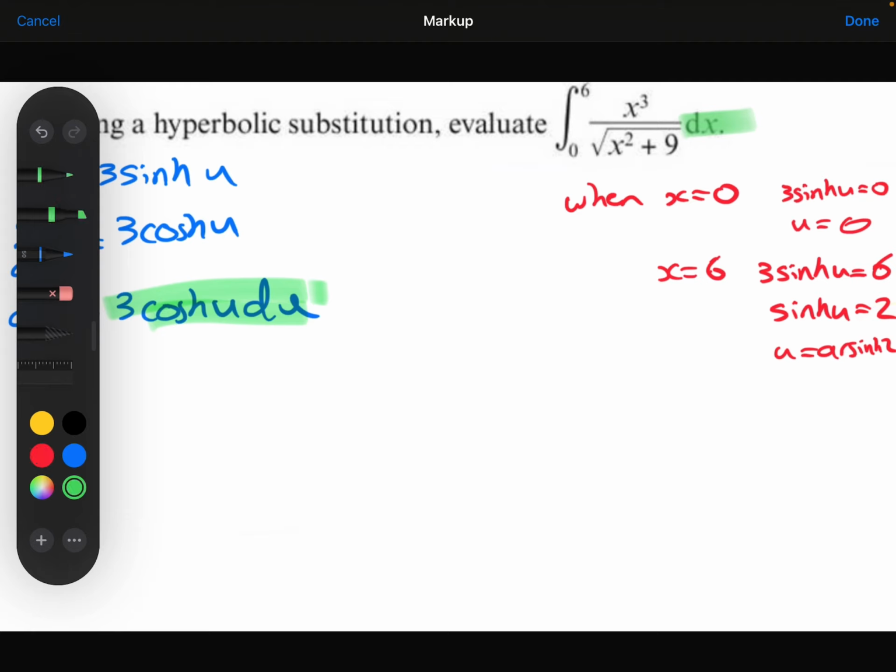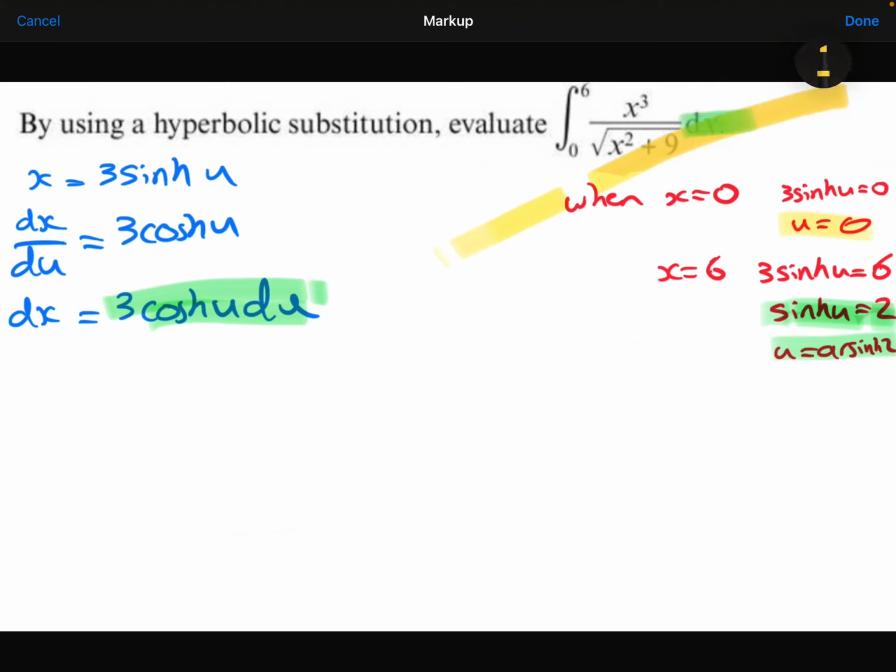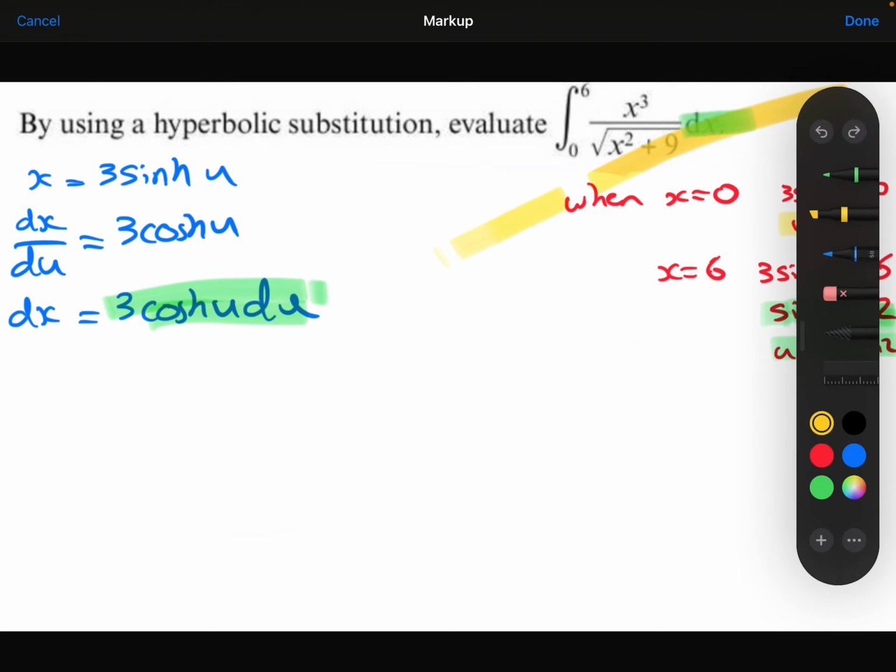So that's my upper limit, and my lower limit is 0. Notice I've highlighted sinh u equals 2 and that u equals r sinh 2, and the reason for that will become apparent a little bit later. Right, let's do some substitution.